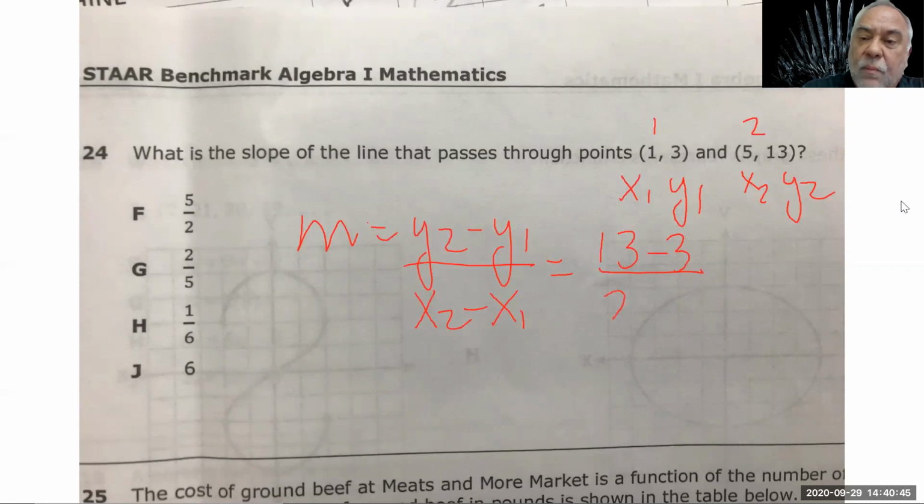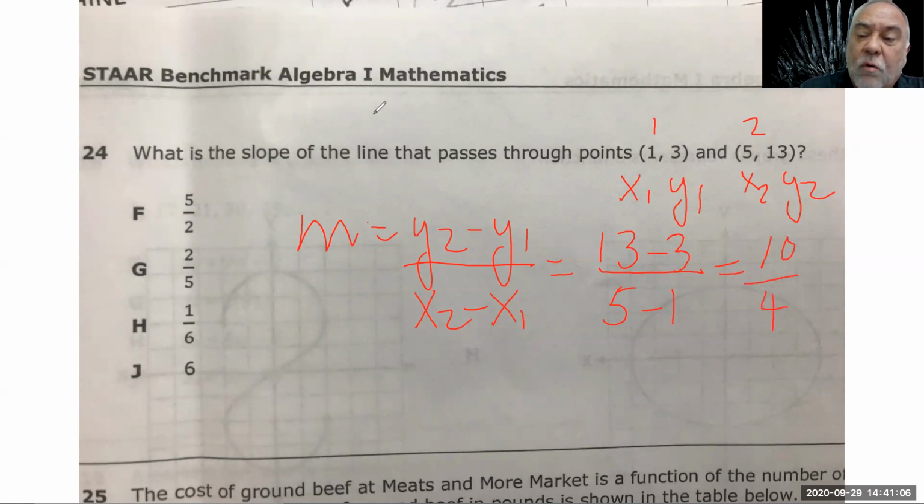x2 is 2, I mean 5, sorry. x2 is 5. Let me erase that. x2 is 5, and x1 is 1. So 13 minus 3 is 10. 5 minus 1 is 4.